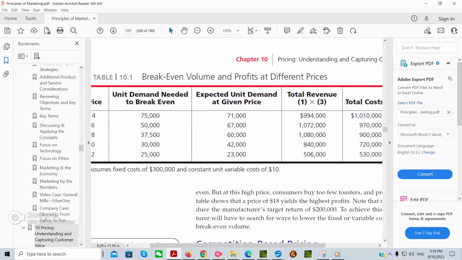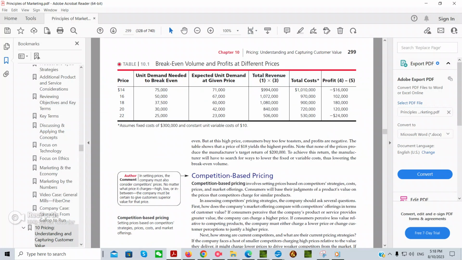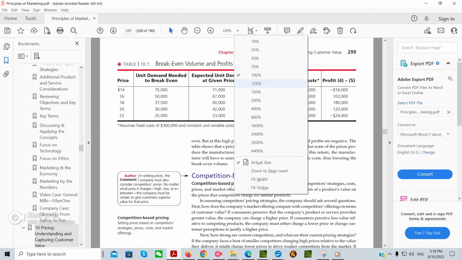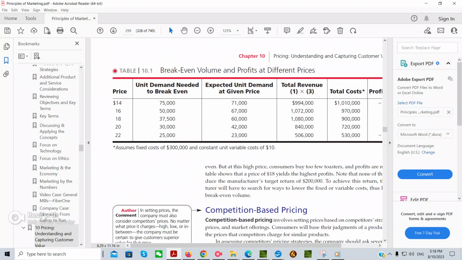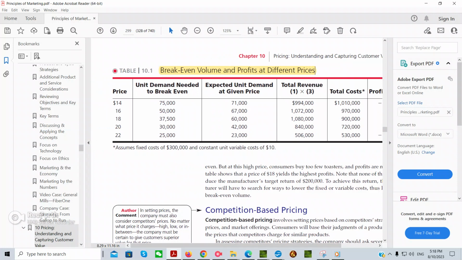Now let's go down here. A lot of this stuff is more finance and accounting than it is marketing, but it's something you need to take into consideration when you do certain things. Wow, that's a little small. Let's go to 125. Now, we have break-even volume. Remember, this refers to how many items you have to produce before you make a profit. To understand that, first you need to understand your price per unit.